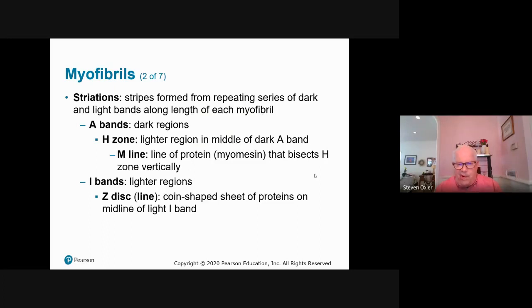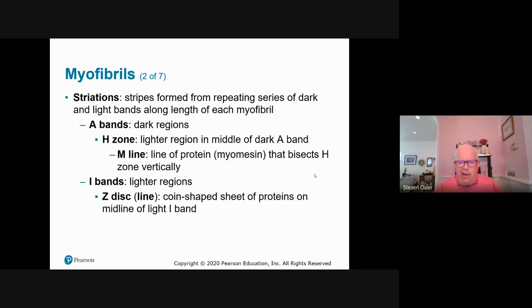And I'm also going to focus on I bands. I bands are the lighter regions. How do I remember that? Because lighter has an I in it. So dark is A bands, lighter is I bands. But there is an important area in the I bands, and it's known as the Z disc.